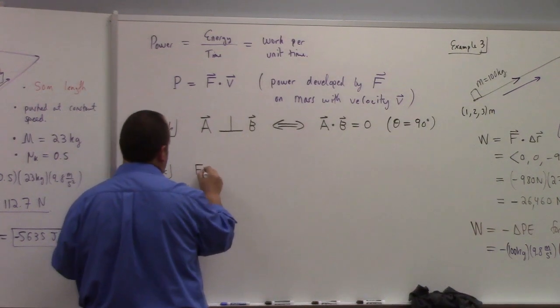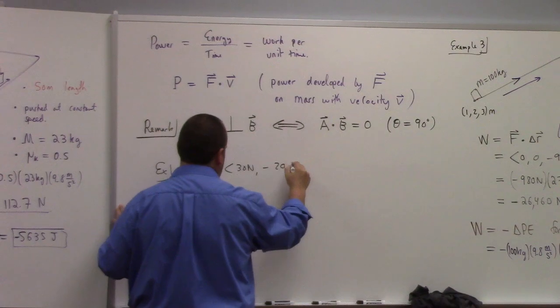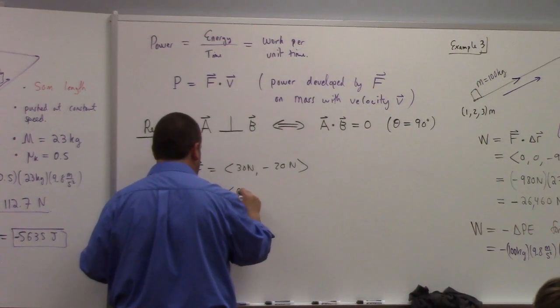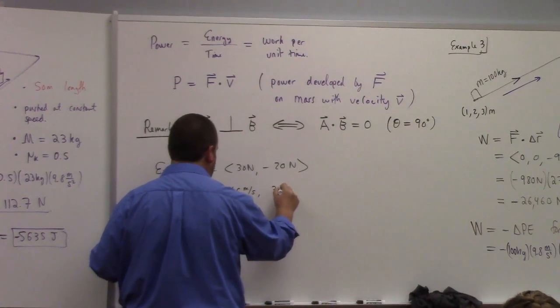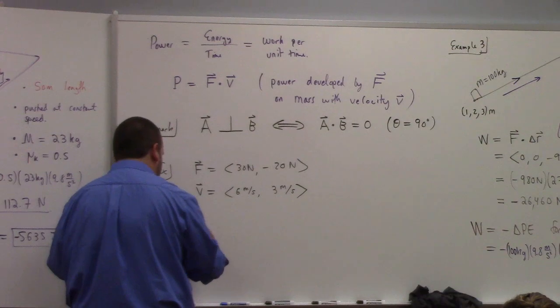In contrast, we could calculate, so here's an example. If I had a force of, let's say, 30 newtons, minus 20 newtons, and my velocity is, I don't know, 6 meters per second, comma, 3 meters per second, I can calculate the power developed by this force on a particle with that velocity.